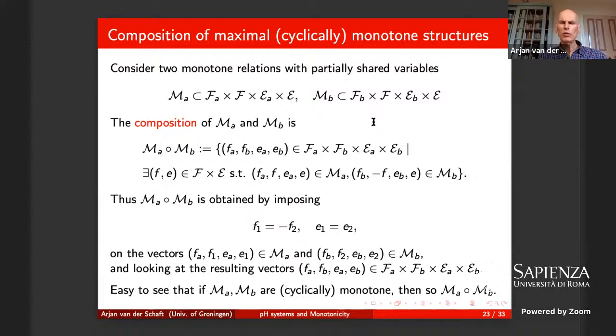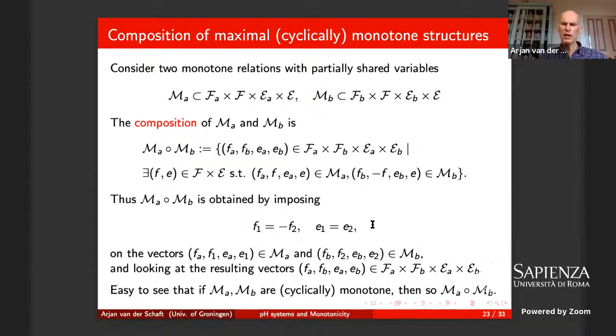We are going to compose these two monotone relations via the variables capital F and E. So we define the composition as all the FA, FB, EA, EB for which there exists an F, E such that this is in MA and this is in MB.